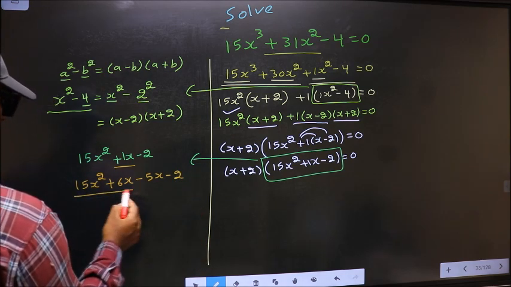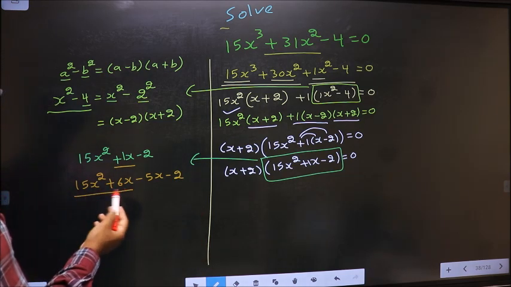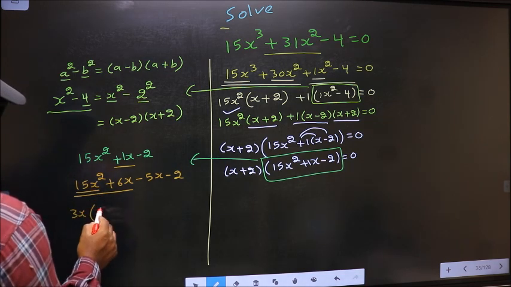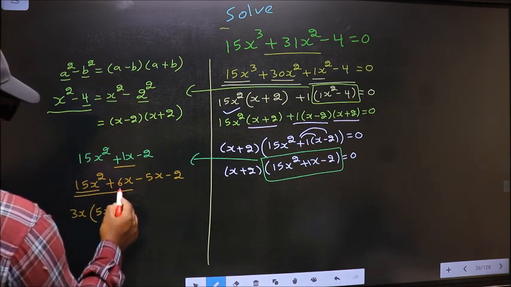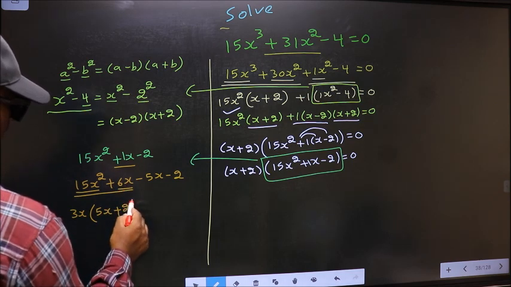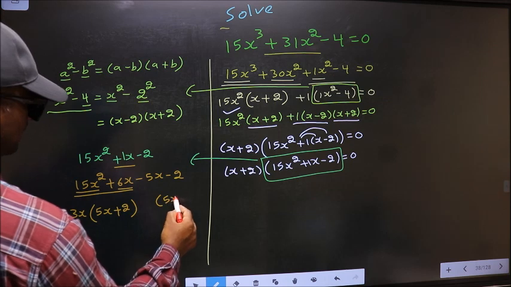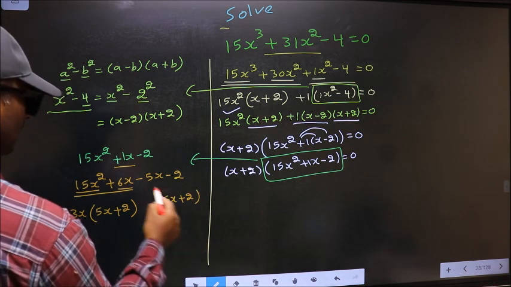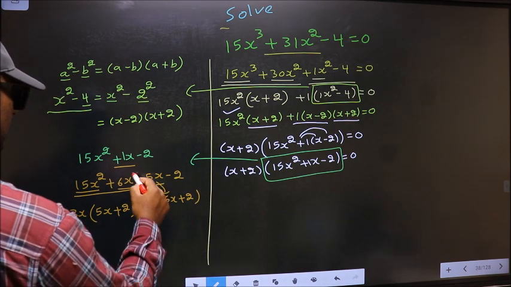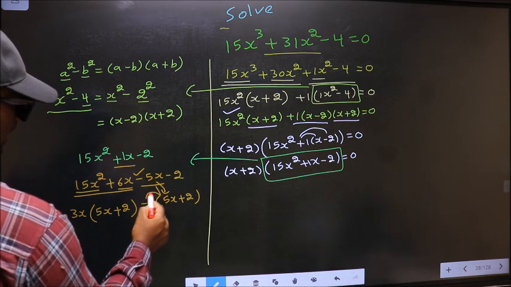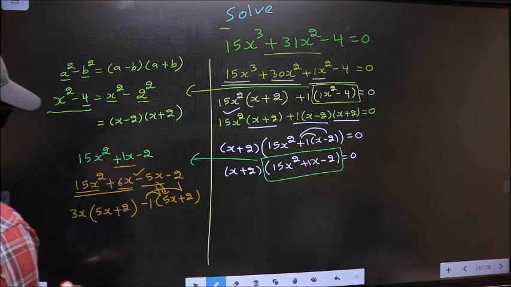Next, from these two terms, what can be taken out common is 3x. From this 3x out you get 5x, plus from this 3x out you get 2. Now whatever we got here, here also we should get the same thing. From this 5x gone inside, so outside we get minus 1. Even if you multiply and check, still you get the same thing.